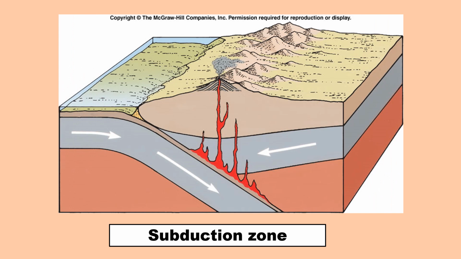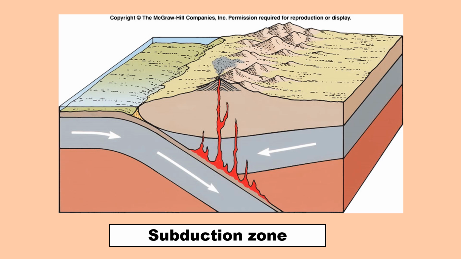All right, here's a detail of a subduction zone. With any luck, you'll pull the question on both the quiz and the midterm about what subduction zones are. The plates have collided.